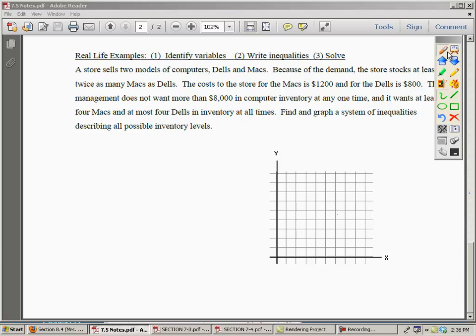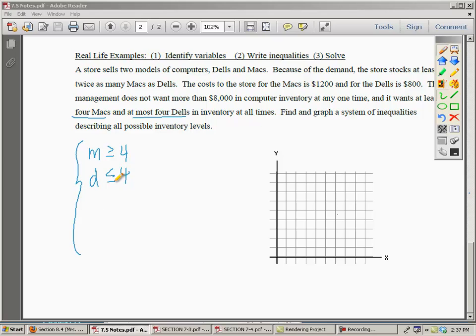Okay, so we are going to have to create our own inequality. I'm going to start with at least 4 Macs and at most 4 Dells, because I think that's the easiest. If I want my Macs to be at least 4, that's got to be greater than or equal to 4. If I want my Dells to be at most 4, then I want my Dells to be less than or equal to 4. Okay? They want at least twice as many Macs as Dells.